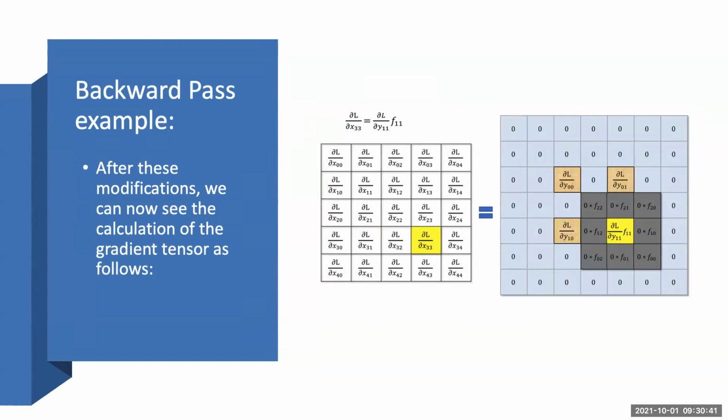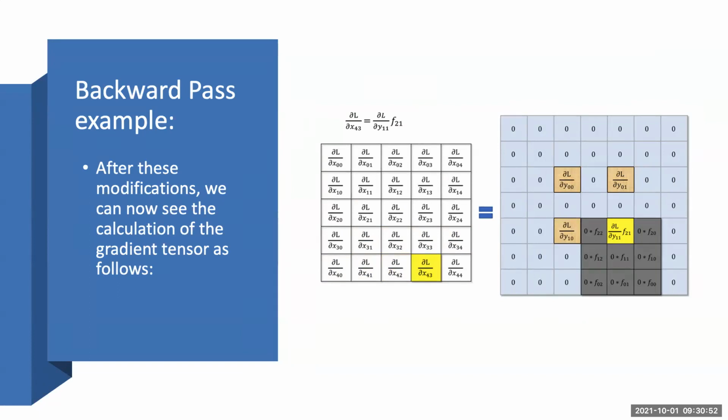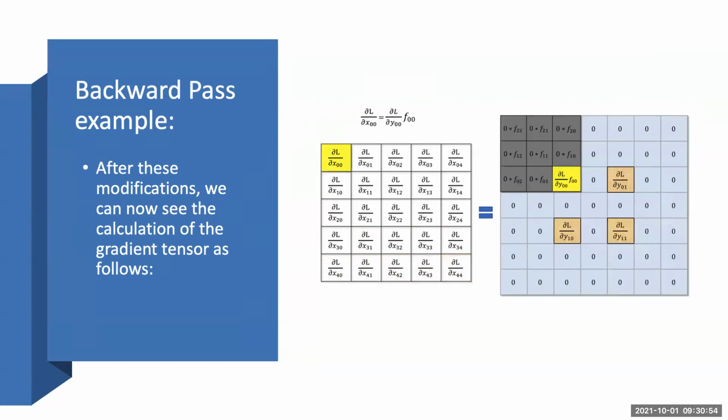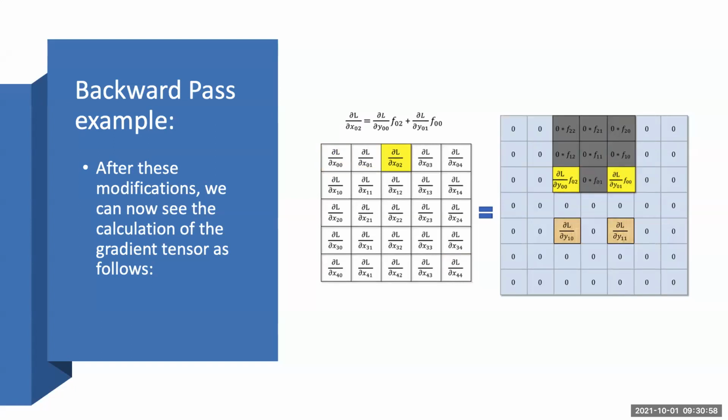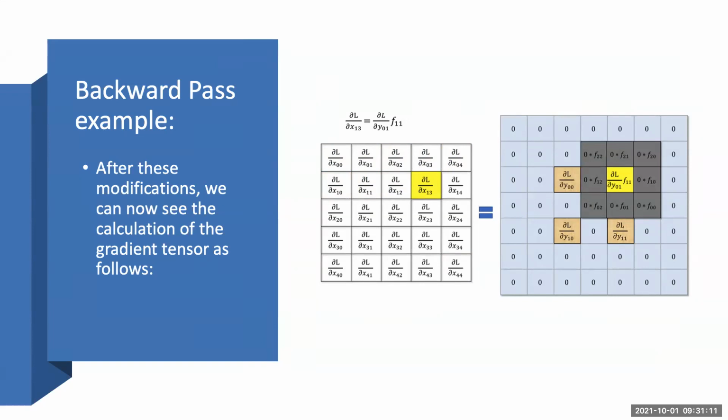For your loss with respect to the filter, you convolve your input matrix with respect to the loss of the output. But remember that for the loss with respect to the input, you first have to flip your filter 180 degrees and then you perform a full convolution, if that makes any sense.